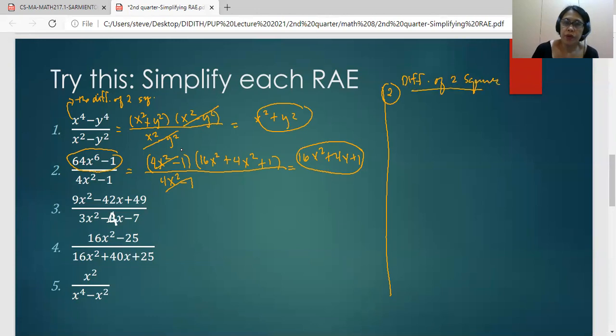So, we know that if we extract the square root of the two terms here, we'll have 8x cubed plus 1 and then 8x cubed minus 1. And both terms here are still factorable. So we are working on the numerator, okay? And using the difference of two squares, the factors are the 2 here.